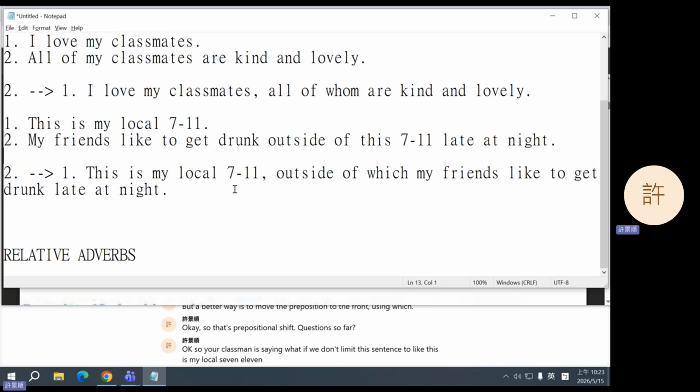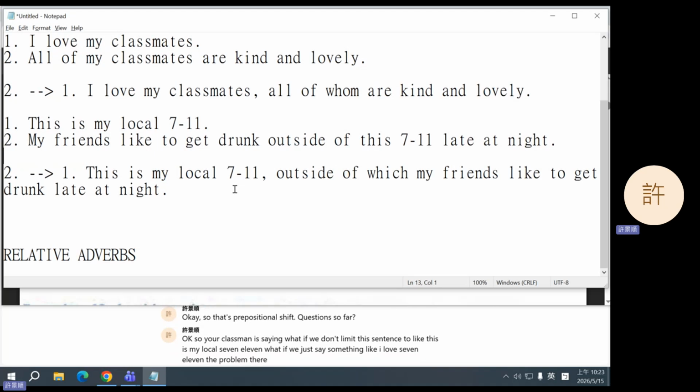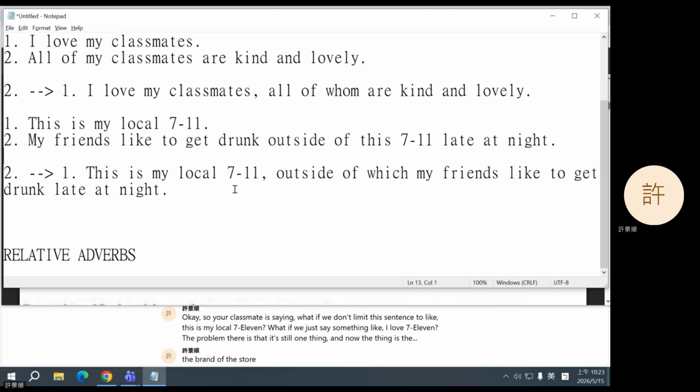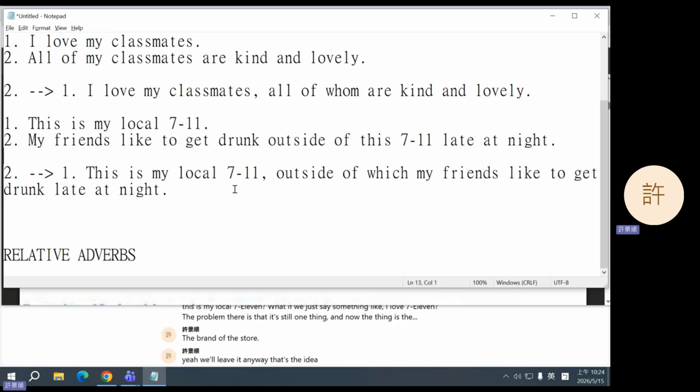What if we just say something like, I love 7-Eleven? The problem there is that it's still one thing, and now the thing is the brand of the store. We'll leave it. Anyway, that's the idea. Do you have other questions about the first part, prepositional shift?